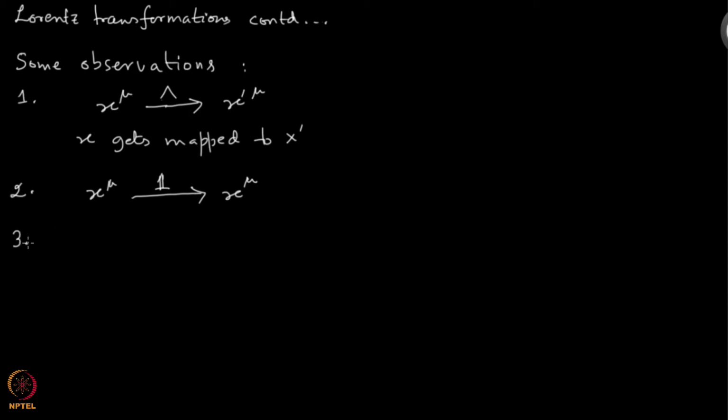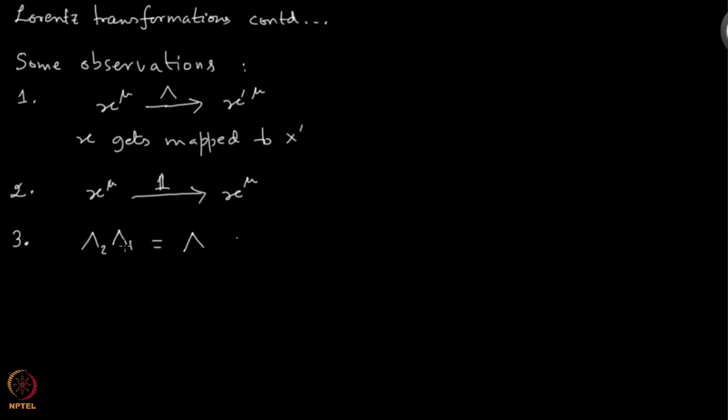Also, you have done in exercises, I believe, that if you do a Lorentz transformation by lambda 1, followed by another transformation lambda 2, what you get is still a Lorentz transformation. Which means that if you take the set of all Lorentz transformations, then that set is closed under this multiplication.